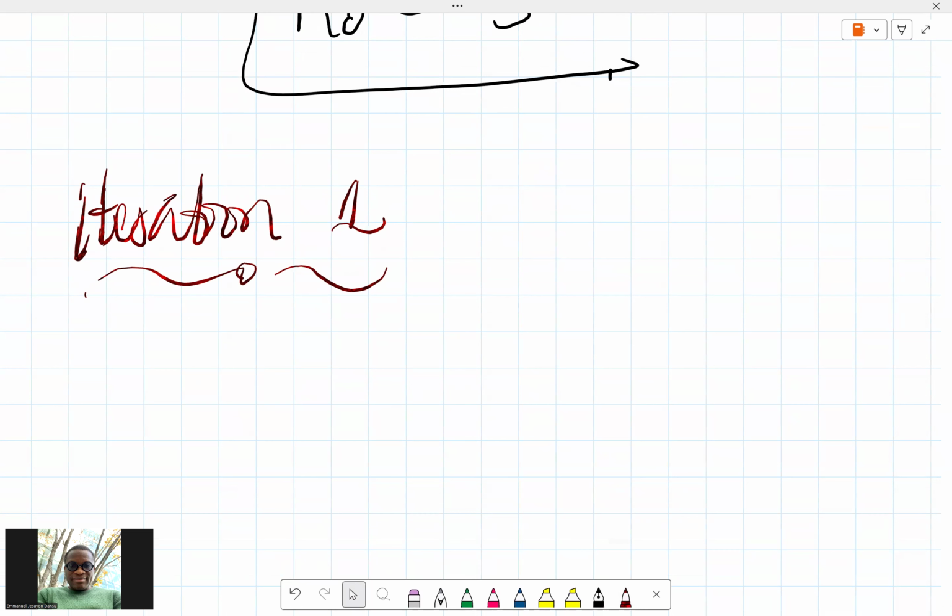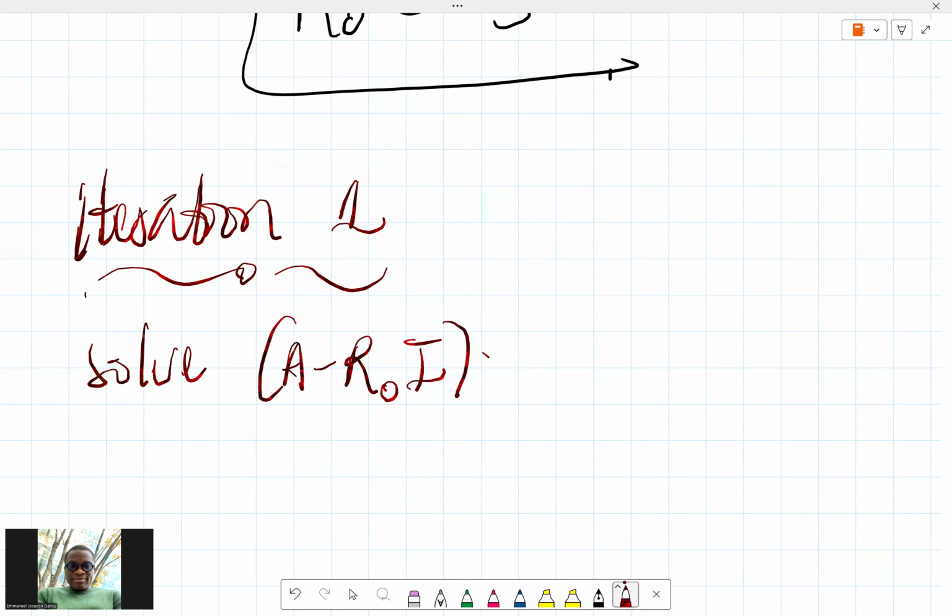So iteration one now, we have to solve a minus r naught I, the r naught we just got, multiplied by y equals x naught.